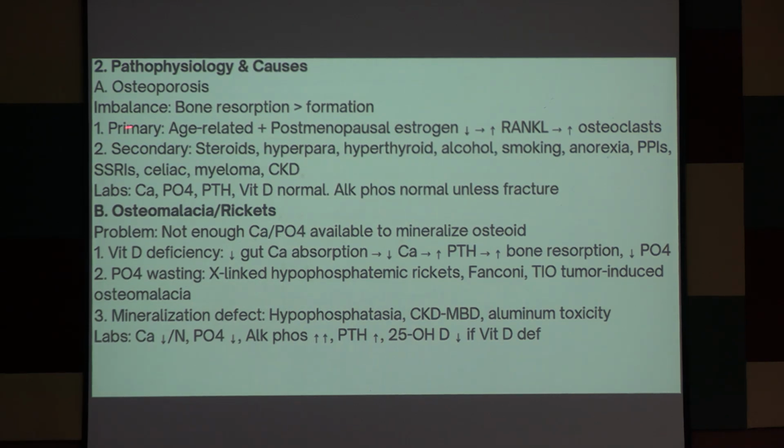Primary osteoporosis is age-related, postmenopausal, less estrogen. There is RANKL increase, osteoclast formation. Secondary, due to steroids, hyperparathyroidism, hyperthyroidism, alcohol, smoking, anorexia, PPIs. PPI means proton pump inhibitors.